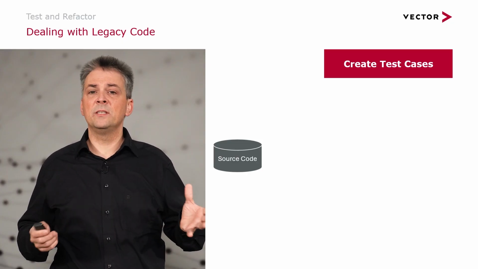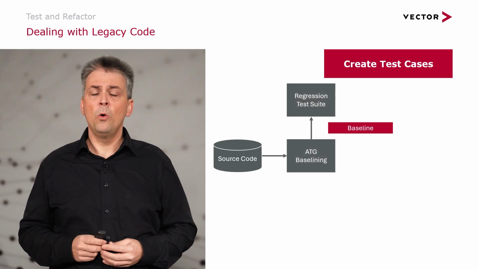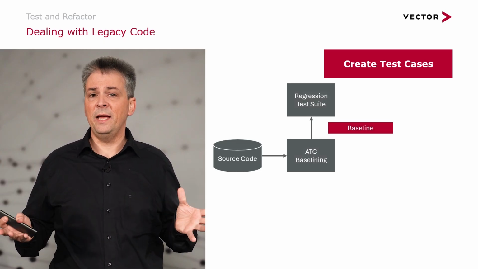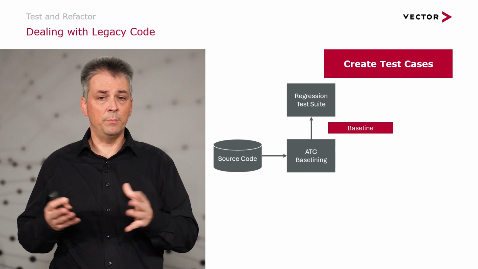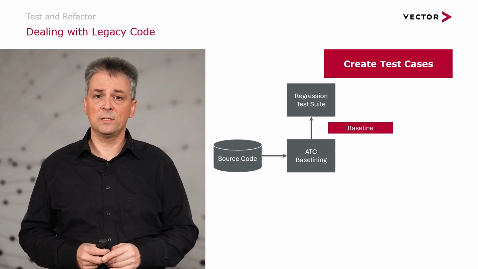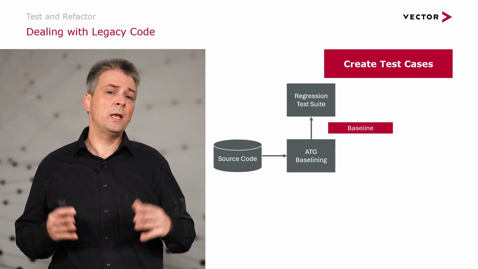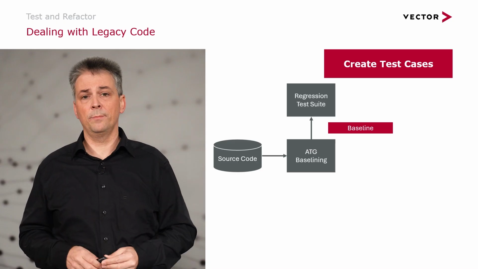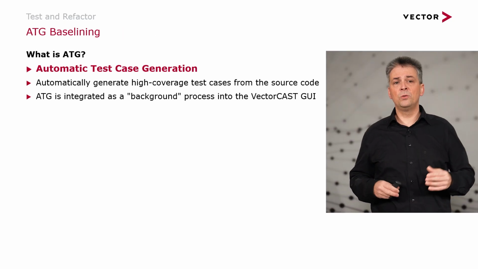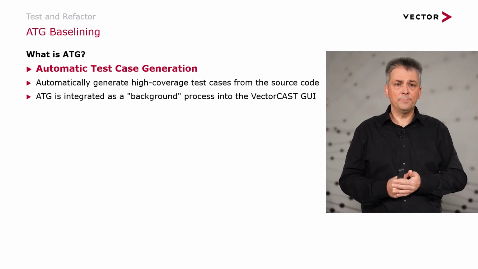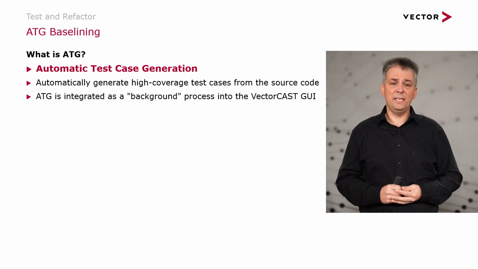And for creating these test cases, we can use ATG baselining to create a baseline. I will explain in the next slide what that is. And then we will have a regression test suite. And we can do this baselining. I mentioned the term ATG.